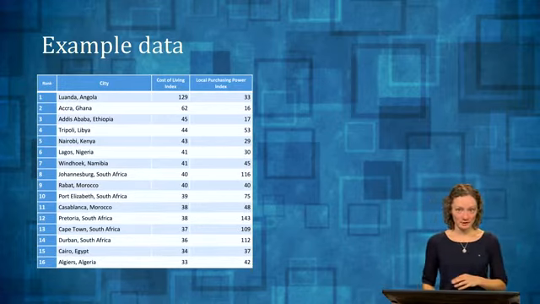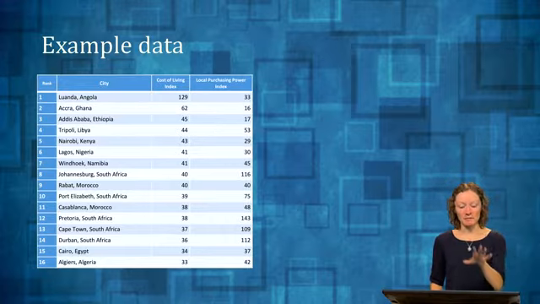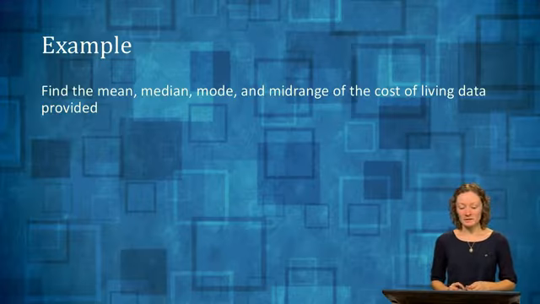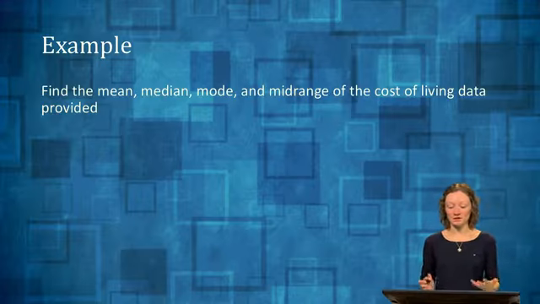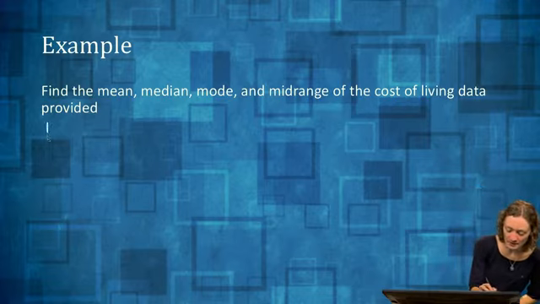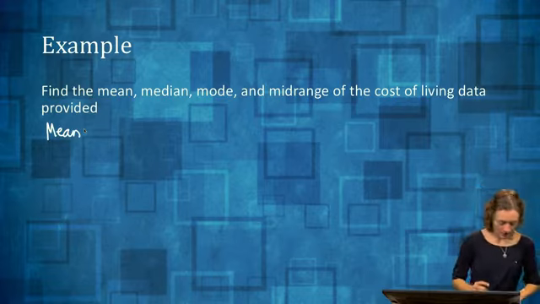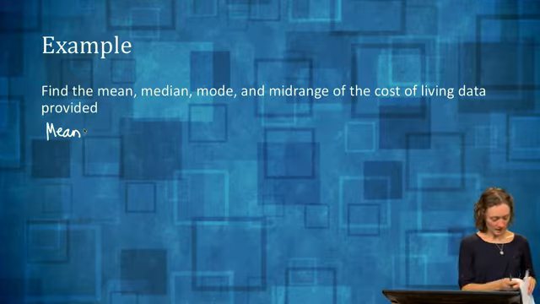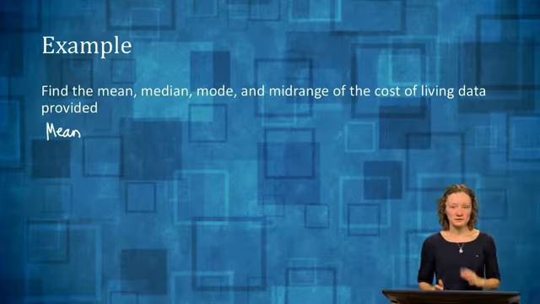I won't always be able to reference back to it as we compute these numbers, but this is what you're using for these problems. Okay, so we're going to find the mean, median, mode, and mid-range of the cost of living data that is provided. So let's start with mean. Cost of living. Let me flip to my chart here. Cost of living is the left-hand column.